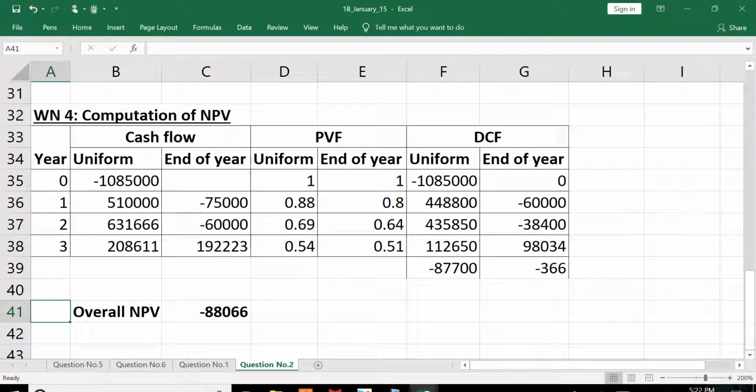Finally, we'll reject this because the overall NPV is negative. Clear?